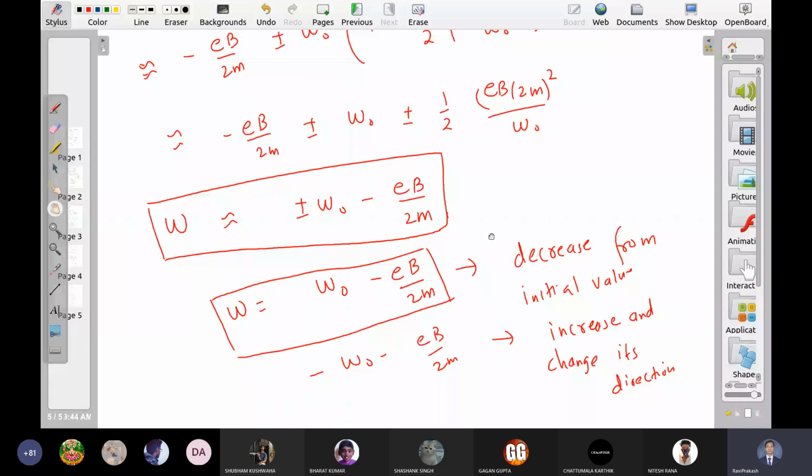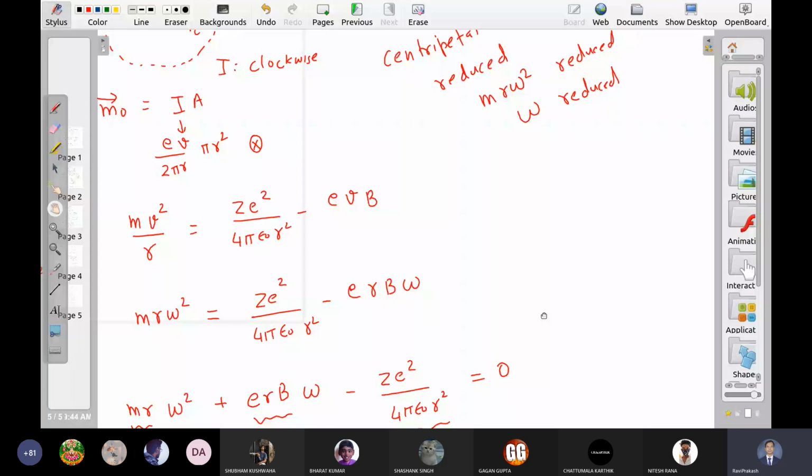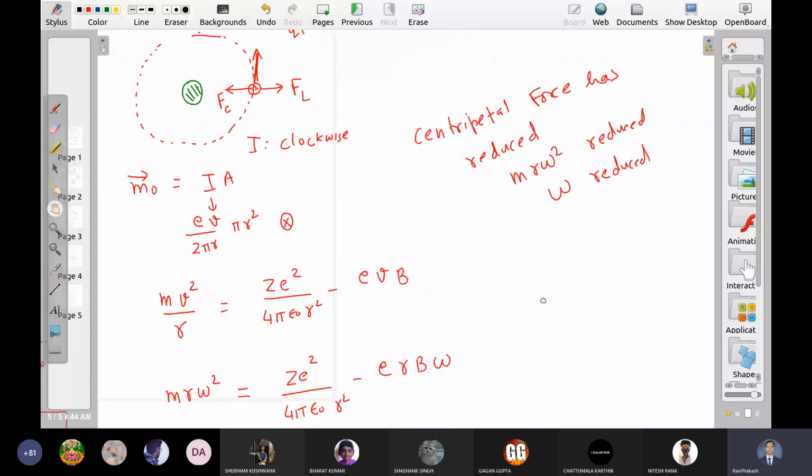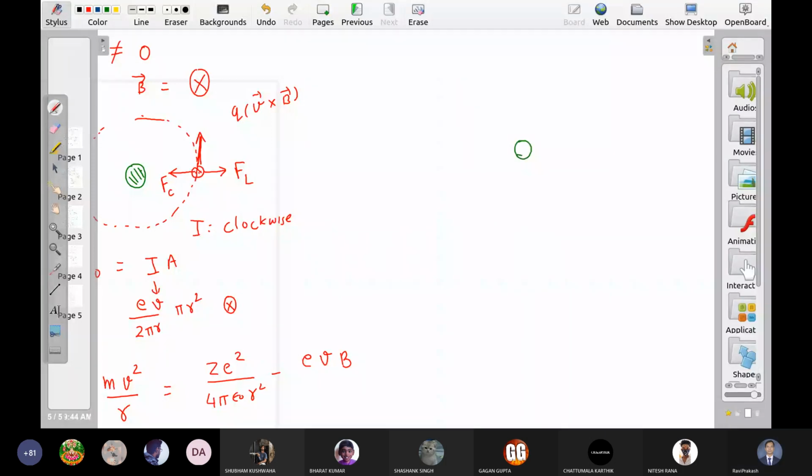But let us assume that electron is moving clockwise. I mean, this is the case. So we have positive core here, and instead of anti-clock rotation, I am assuming that electron is moving in the clockwise direction.